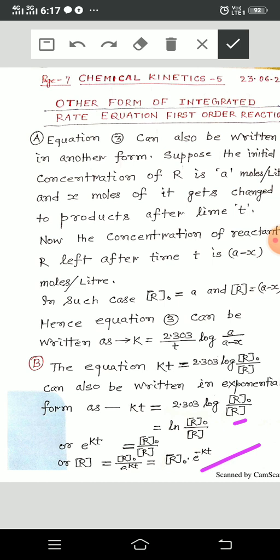So when this e goes into the numerator, it becomes e raised to the power minus kt.